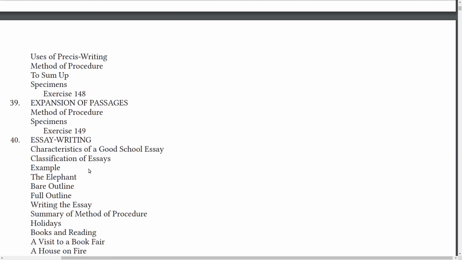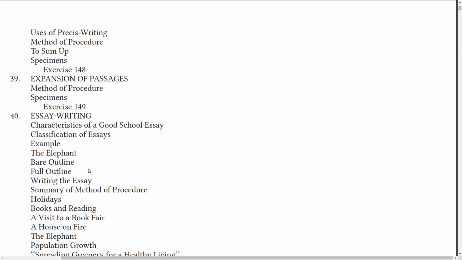So that will be our plan. Precision writing is very important in a profession, online content management. And then we have to use different passages, how you can write a good passage.